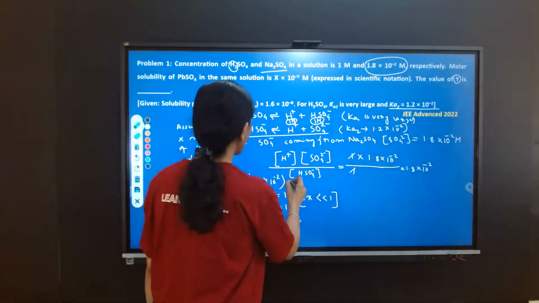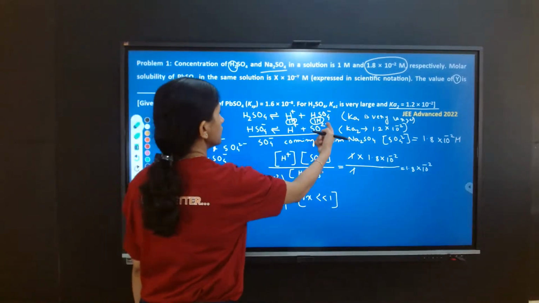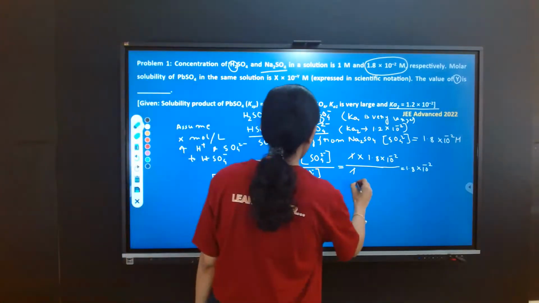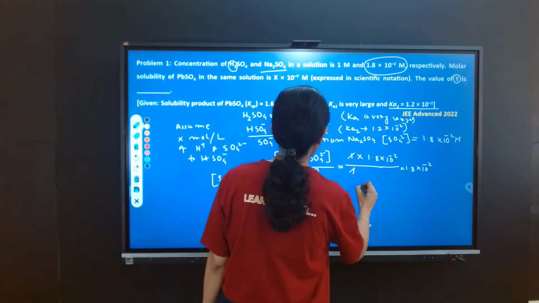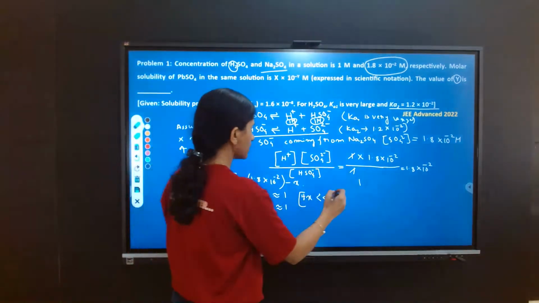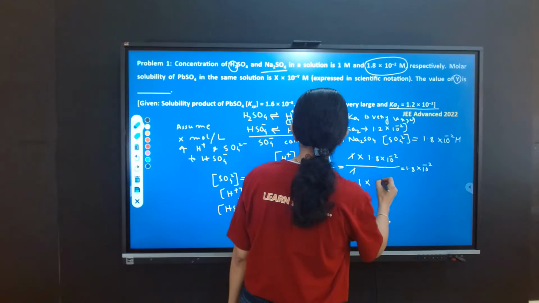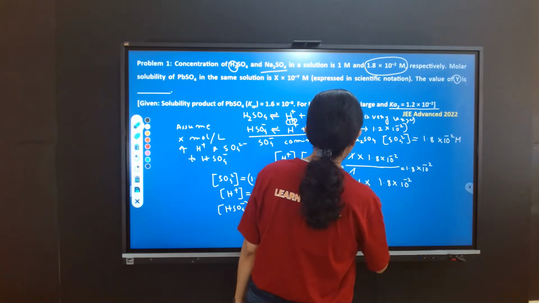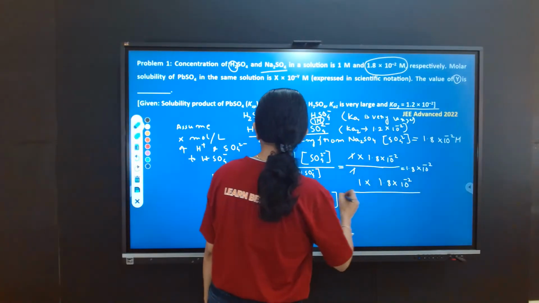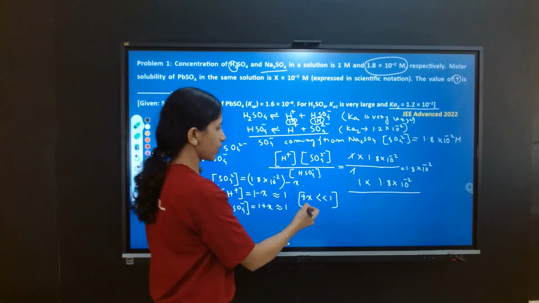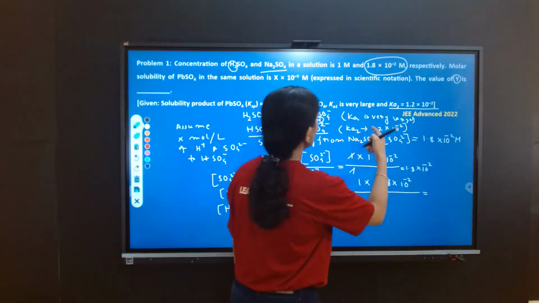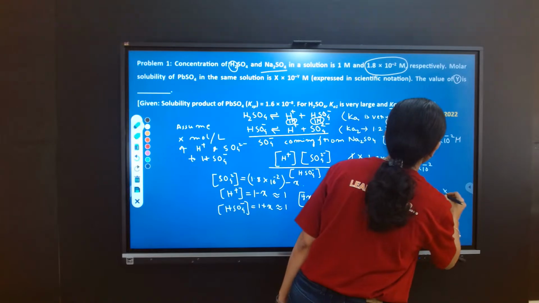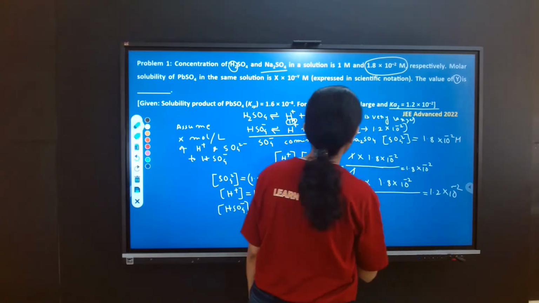Right? Now, if you put the values for this dissociation step, the second step, then what we will get is: for H plus, as we have got from here, 1, times SO4 2 minus, which is 1.8 times 10 to the power minus 2 minus x, divided by, again, HSO4 minus, which has come out as 1. And this is nothing but Ka2, so it is equal to 1.2 times 10 to the power minus 2.